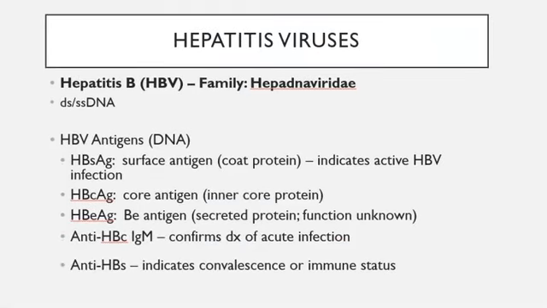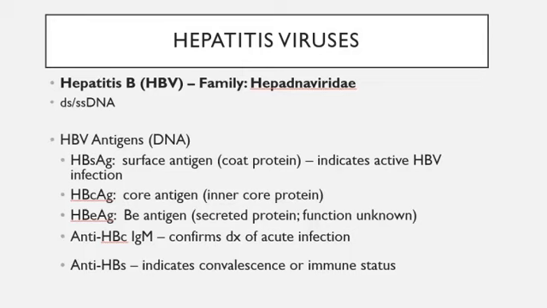So let's first talk about hepatitis B, or HBV. It can be characterized as double-stranded or single-stranded DNA. Hepatitis B virus, the antigens are DNA. The hepatitis B surface antigens are coated with a protein, and that indicates an active hepatitis B virus infection.